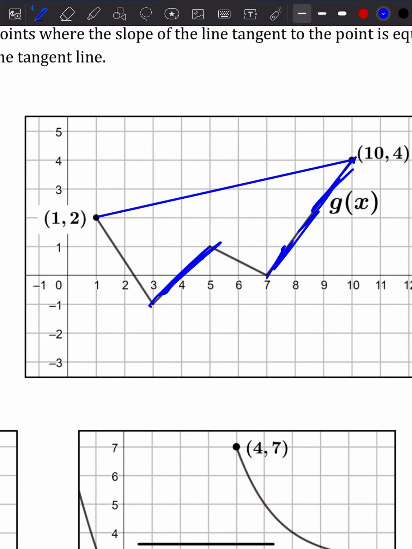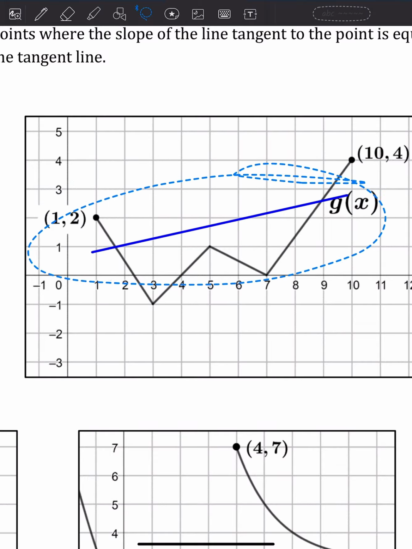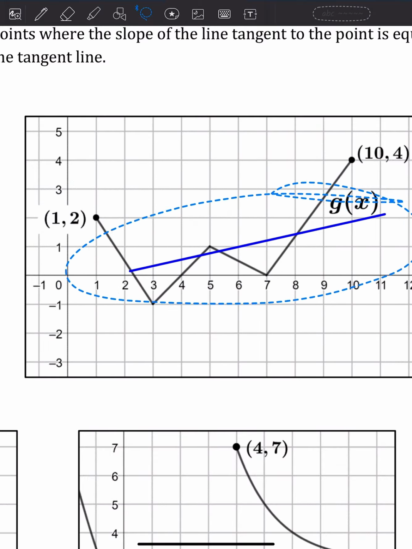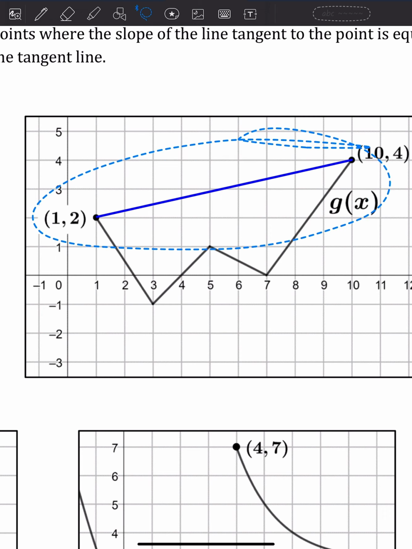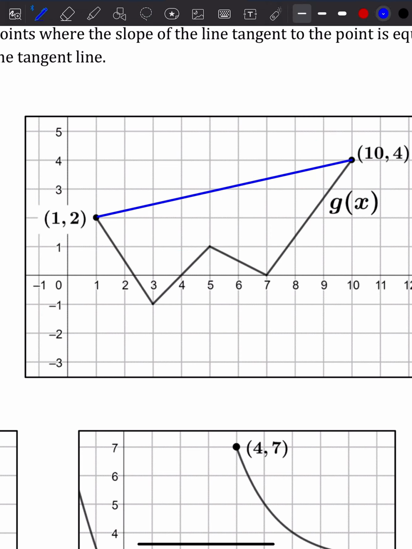Because they're linear equations, those slopes are consistent, and none of these are going to have the exact same slope as this average rate of change right here. So if I try to move this around, it's not going to line up with anything that we have here. So this does not have that average rate of change equaling the instantaneous rate of change.